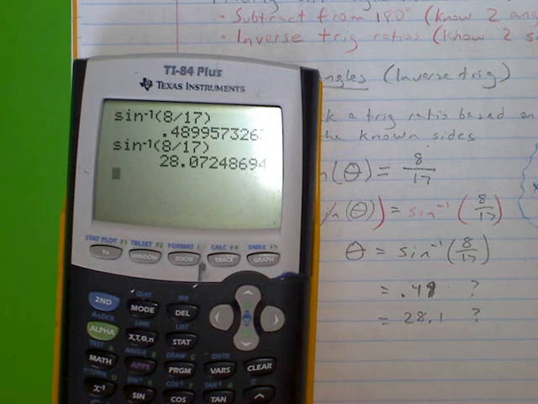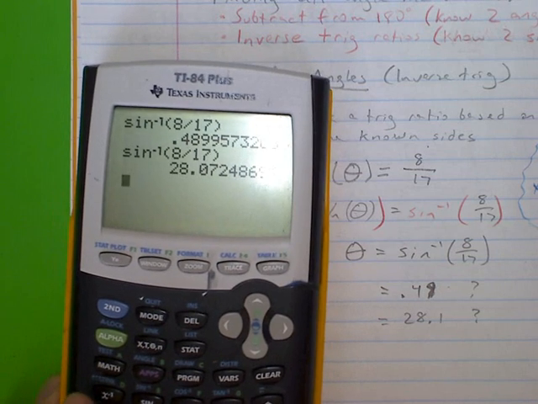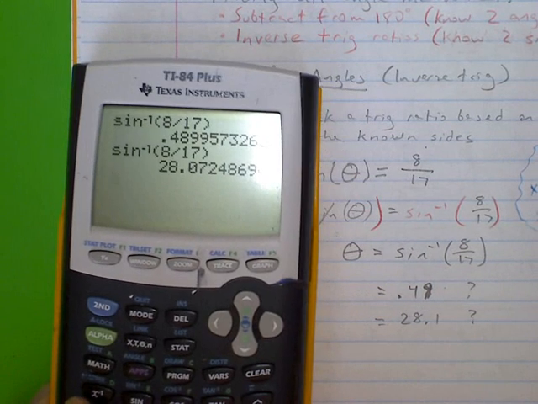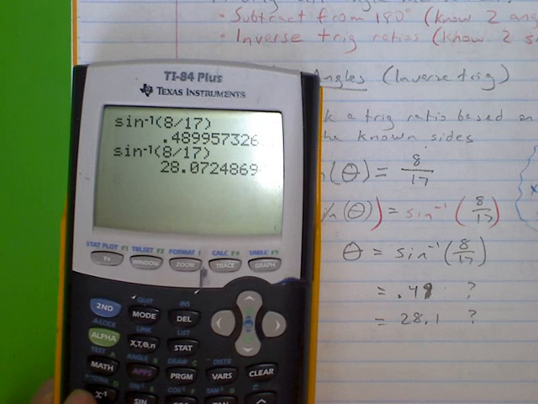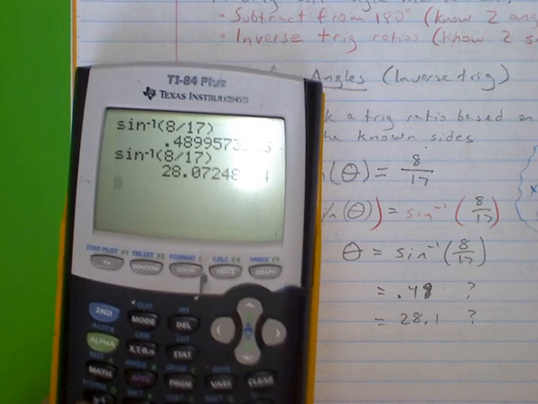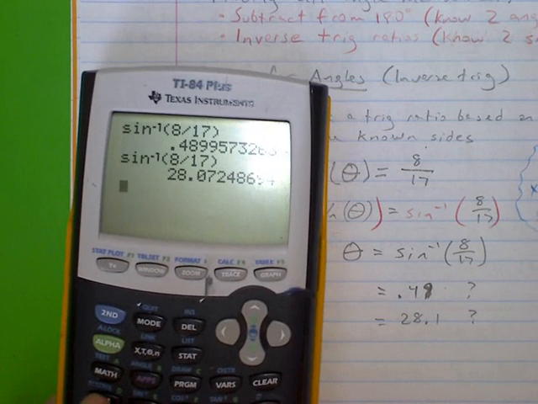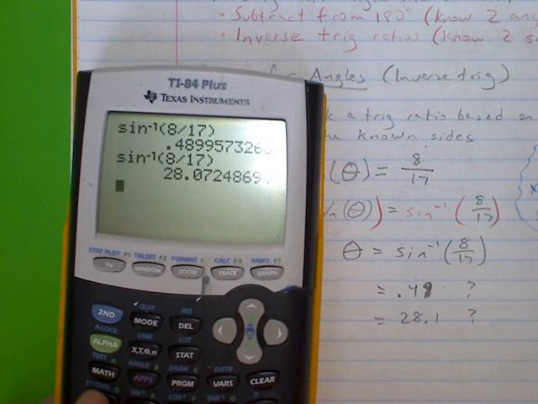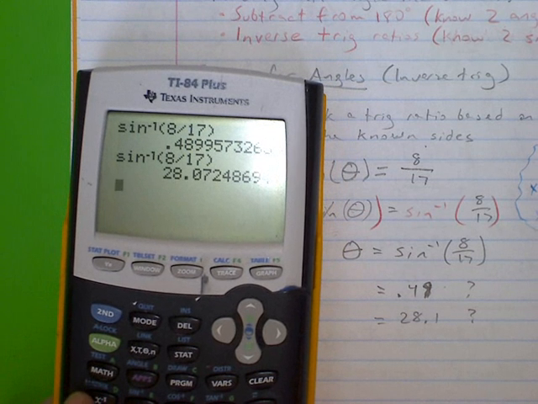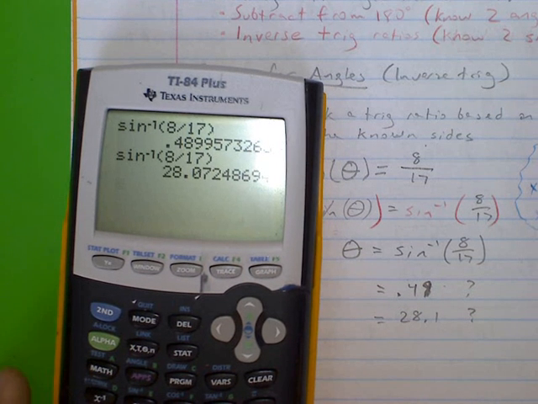This time I got 28.1. So what's the difference? How can I type in the same thing and get 2 different answers? You know, is my calculator broken? Are all of our calculators broken? Is it a conspiracy? Russians have hacked into our calculators to give us wrong answers.